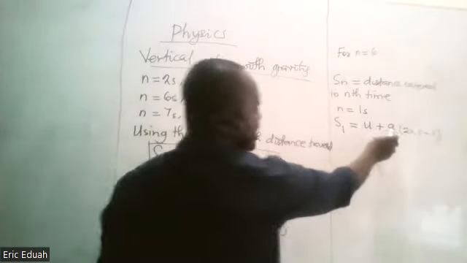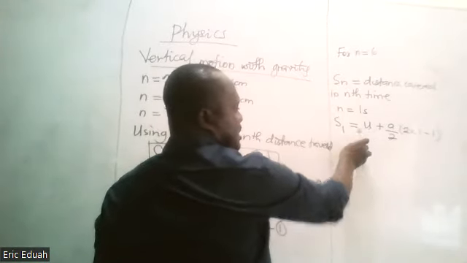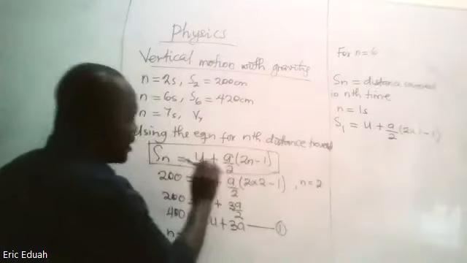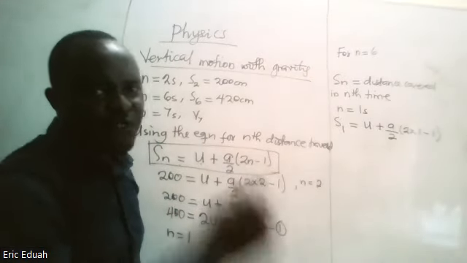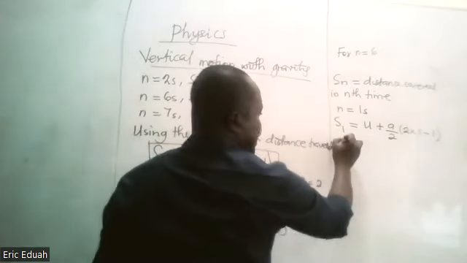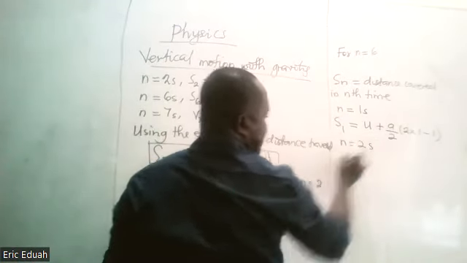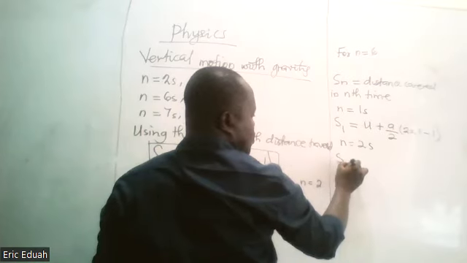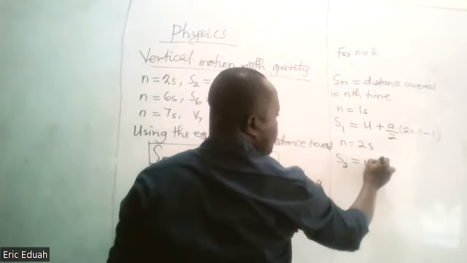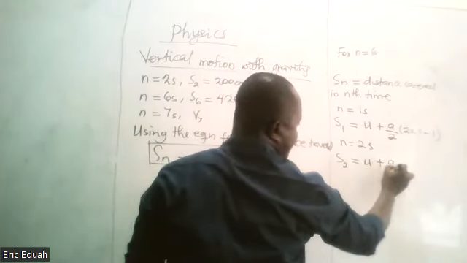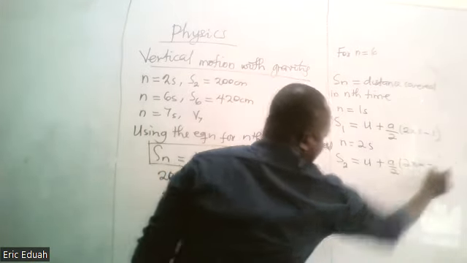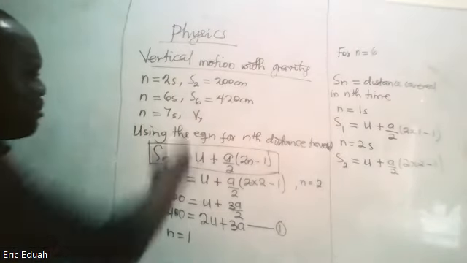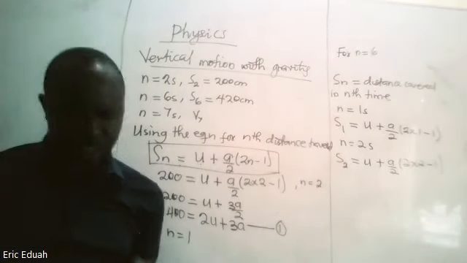If you know the acceleration and the initial velocity, you can use this formula to find the distance covered after 1 second. If we need the distance covered after 2 seconds, n is equal to 2, then S subscript 2 will be equal to U, which we don't know, plus the uniform acceleration over 2 times 2 times 2 minus 1. So that is the meaning of the whole equation we are using.